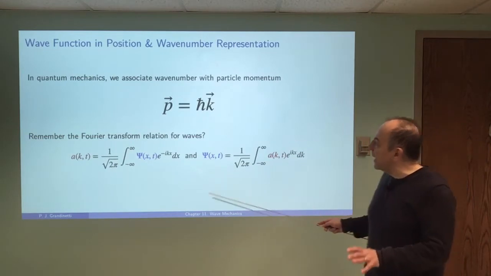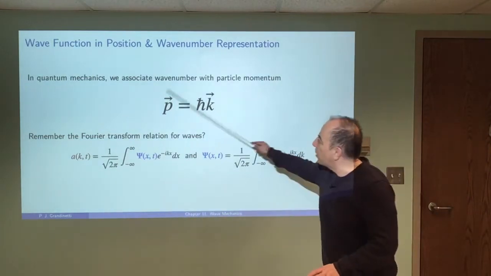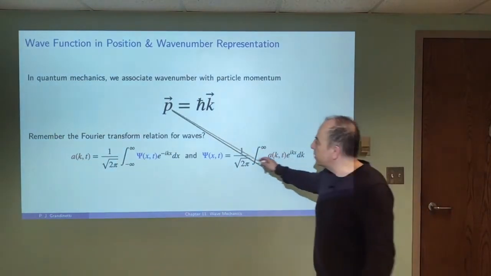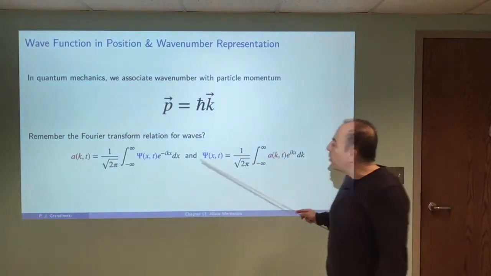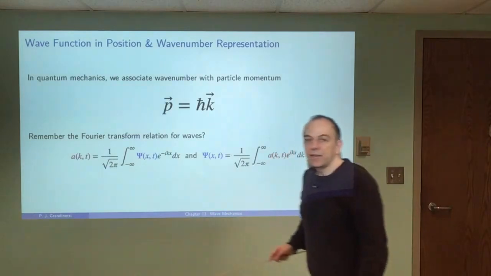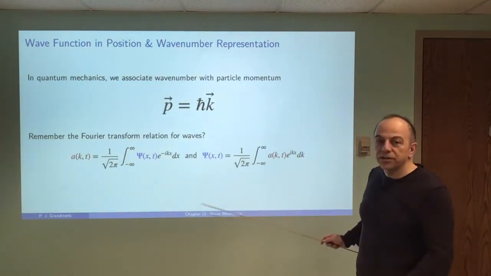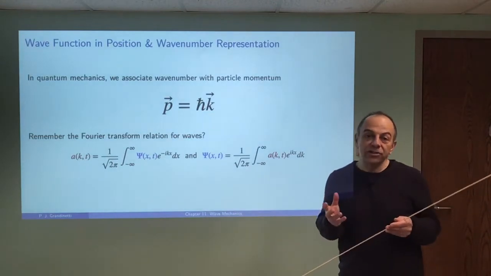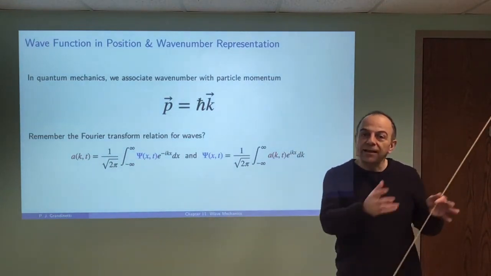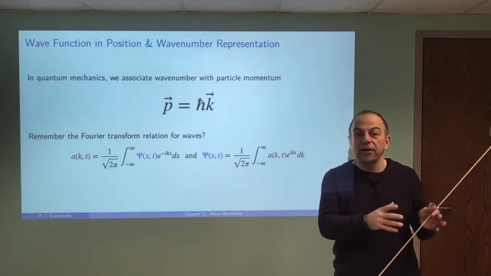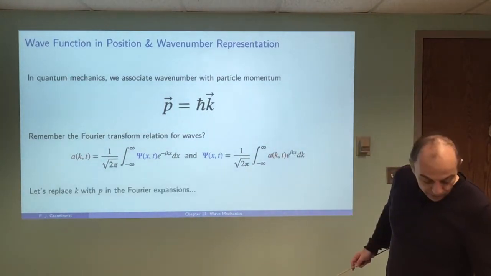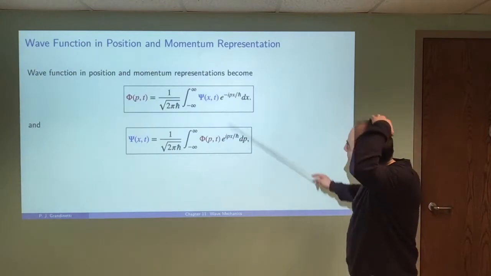But what we see then is that if we have our de Broglie relationship that tells us that wave number or wave vector is related to the momentum, then we can replace the wave number here in these expressions with momentum and find the relationship between the wave function as a function of position and the wave function as a function of momentum. So if you do that substitution, a little bit of algebra, but you get this result here.